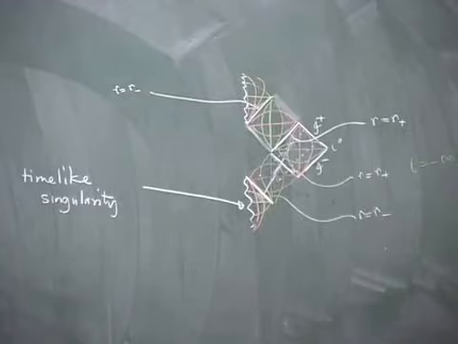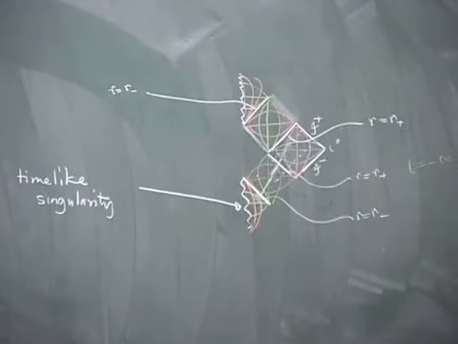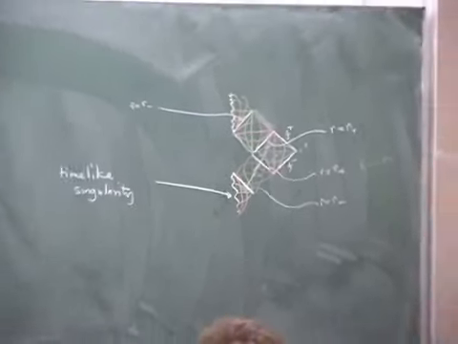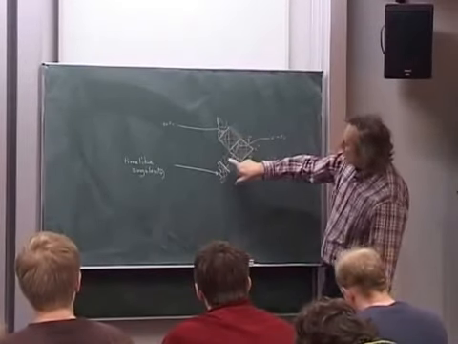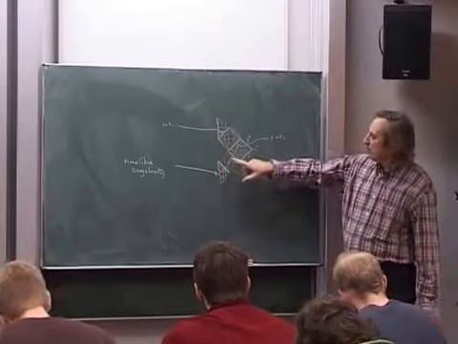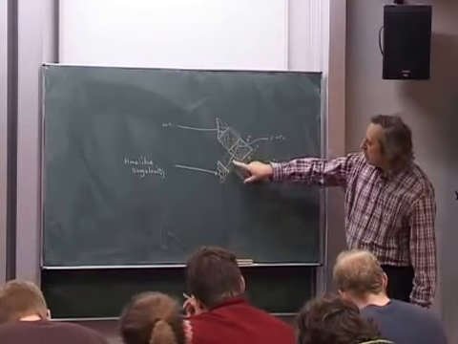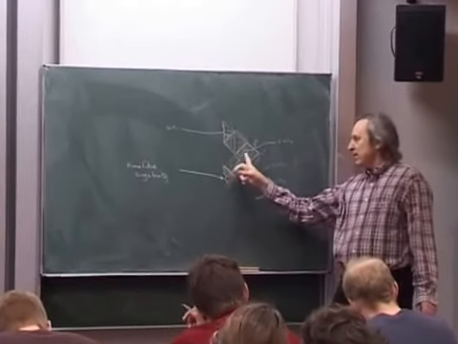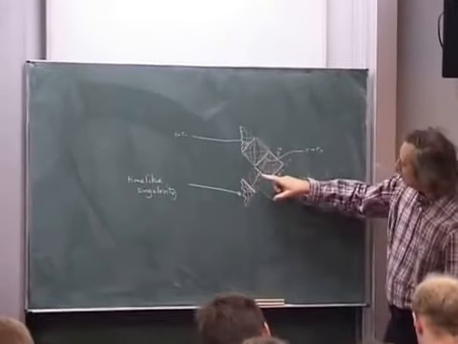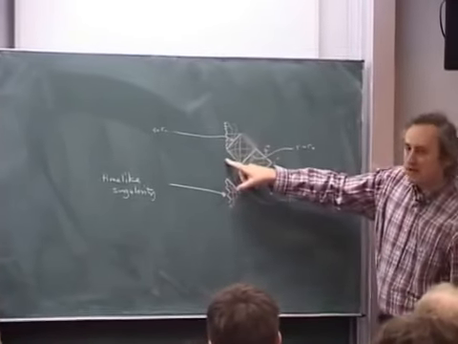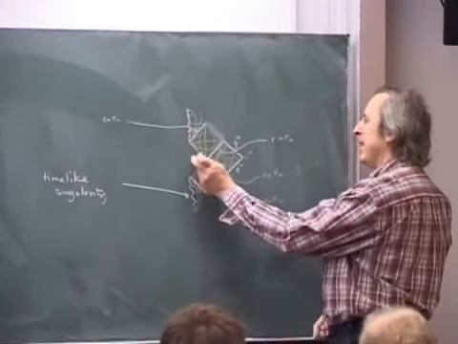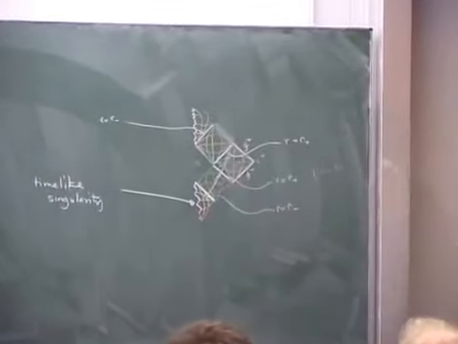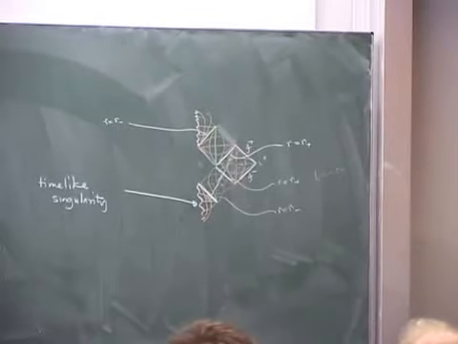So, if you stare at this picture, you will now realize that there is something missing. If I started off in this region and went here, then of course this is to the past of this region. I can leave it by going in this direction, but of course it looks like I can leave it going in that direction. So it looks like there ought to be something there, analogous to what happened in the Schwarzschild case.